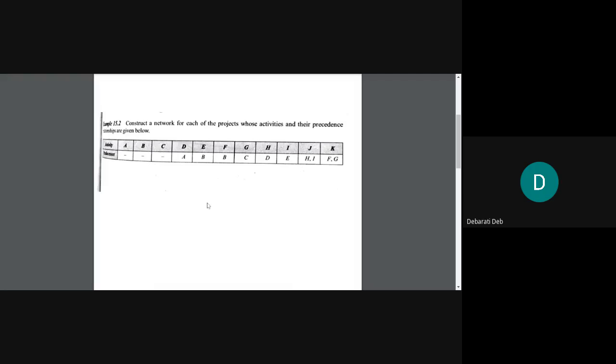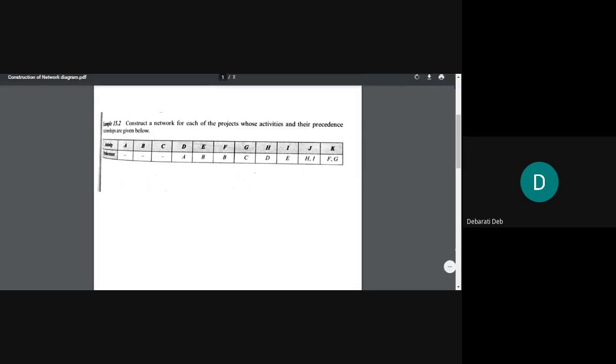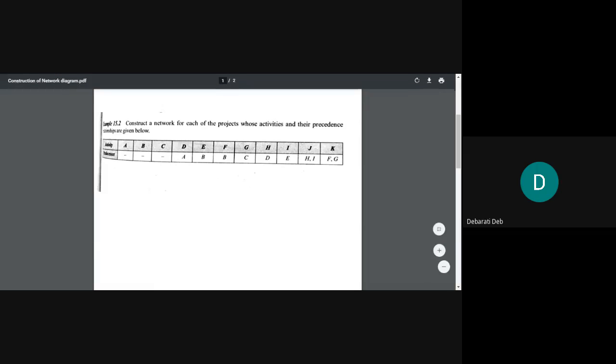Yesterday I told you that the very first step when you get a problem like this is to identify the activities which do not have any predecessor, so that you can identify them as the starting activities of the entire project.